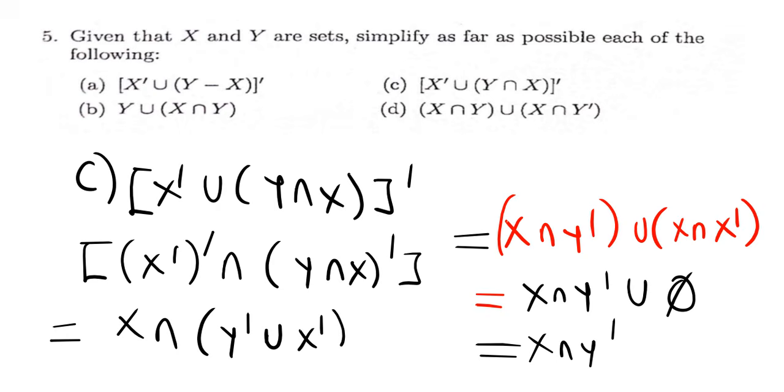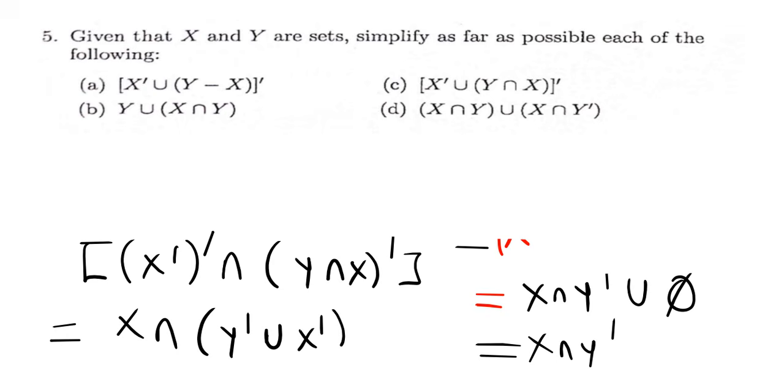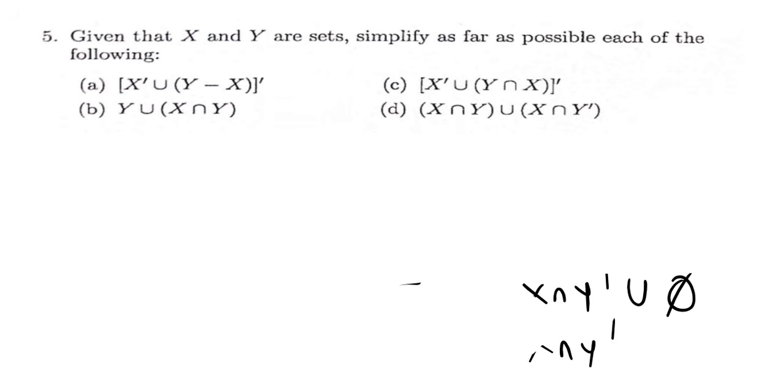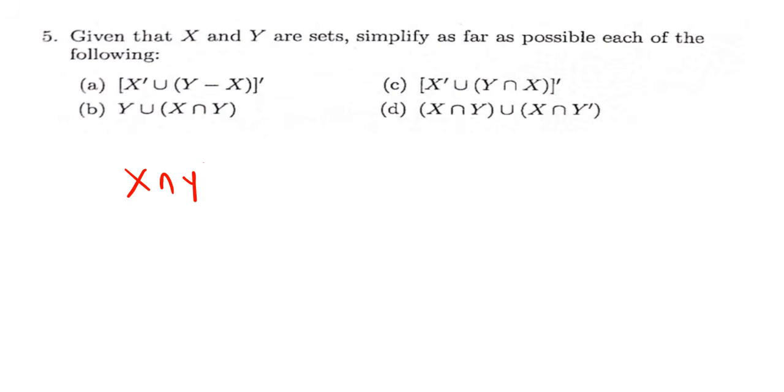Let's solve the other one. We are solving D. Actually we've got x intersection y union x intersection y complement, then there's a complement there. So what do we do?